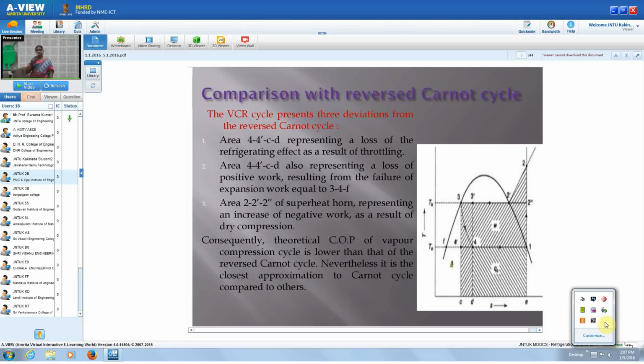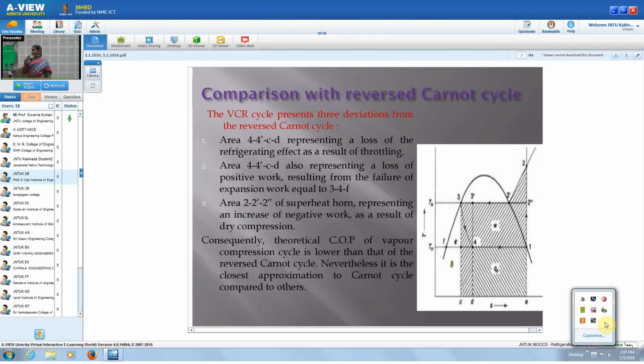And the main three deviations we have seen, you can see the cycle from the slide here. The reversed Carnot cycle is 1, 2 double dash, 3, 4 dash. So that is a rectangle. And for the vapor compression refrigeration cycle, it is 1, 2, 2 dash, 3 to 4.